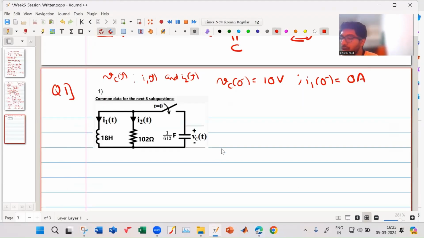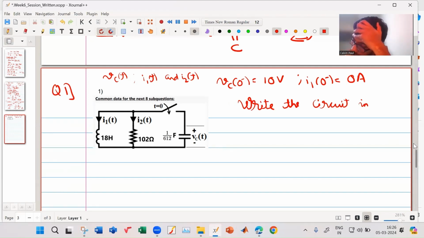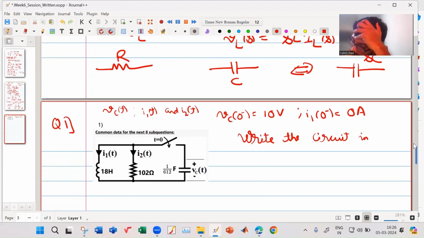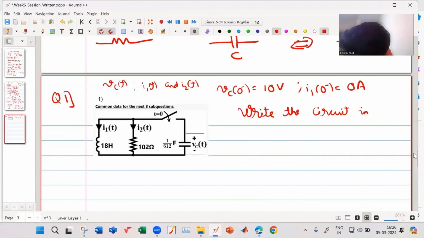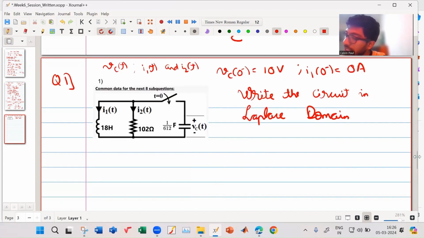So we first write the circuit in Laplace domain. If I write the circuit in Laplace domain, what will I get?